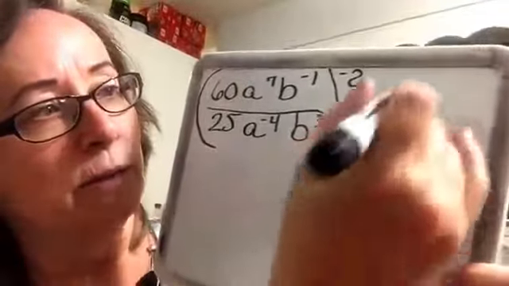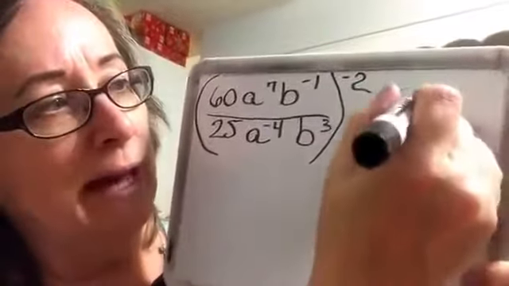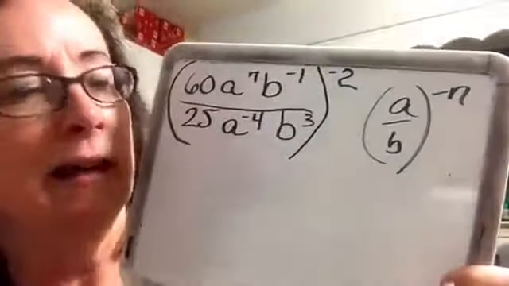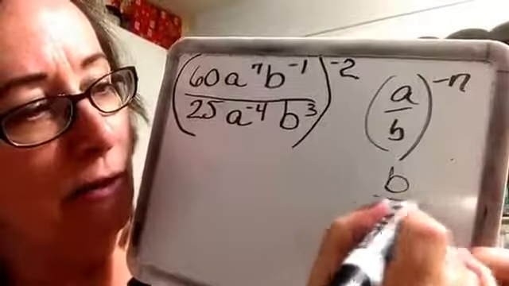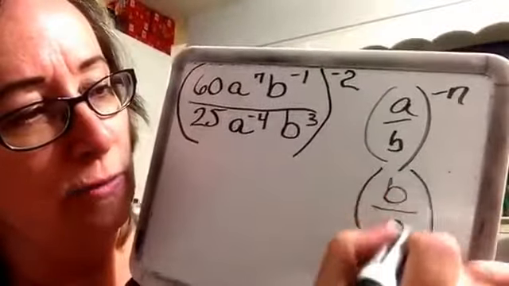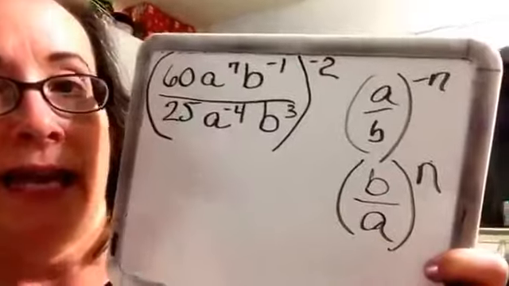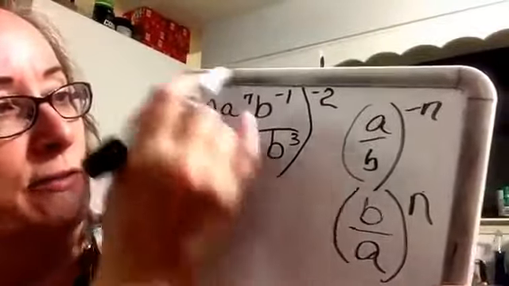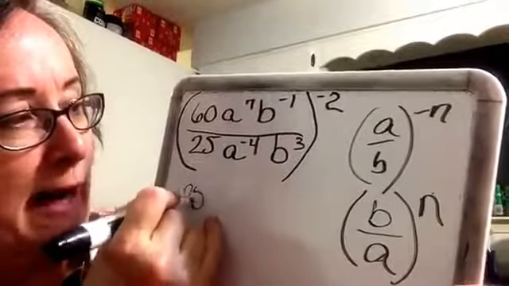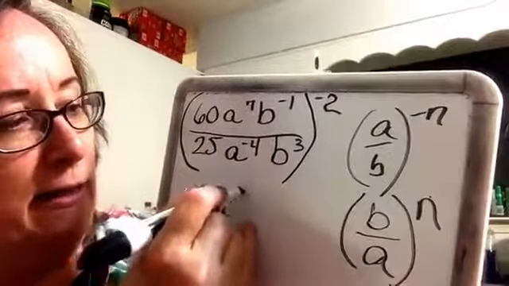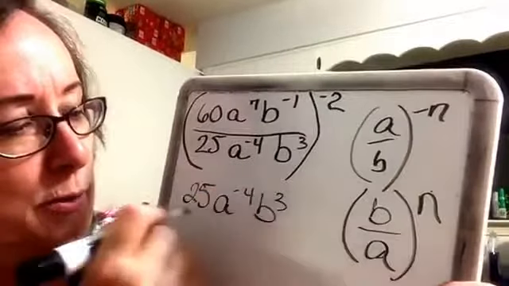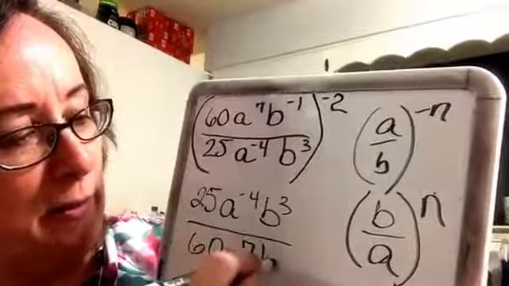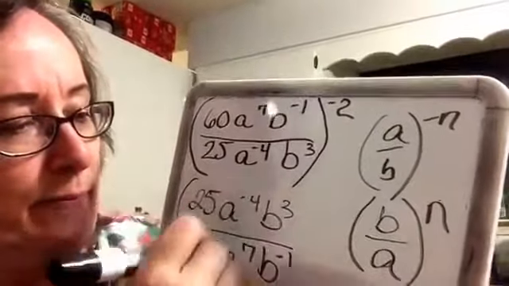So remember, our rule is that if we have a over b raised to the negative n, that is the same thing as b over a raised to the positive n. So that's the rule that we're going to be using. So now we're going to just flip the whole thing over and get 25 a to the negative 4 b cubed over 60 a to the 7 b to the negative 1.